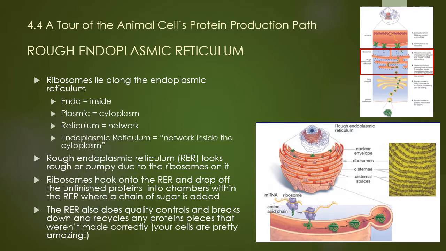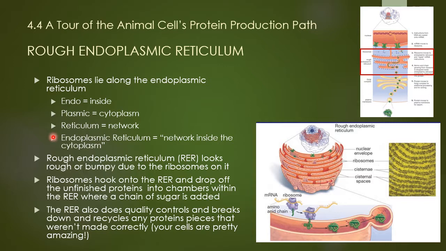So let's look at next what happens when a ribosome decides to hook on to this endoplasmic reticulum. So let's just break down that word first. Endoplasmic reticulum. The word endo means inside, plasmic means cytoplasm, and reticulum means network.